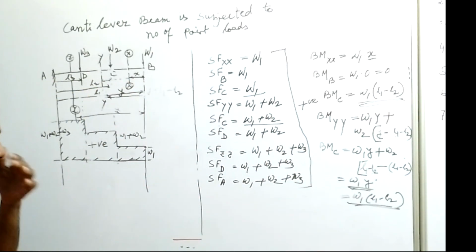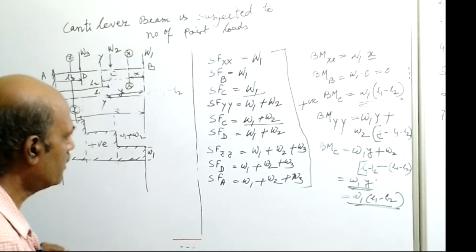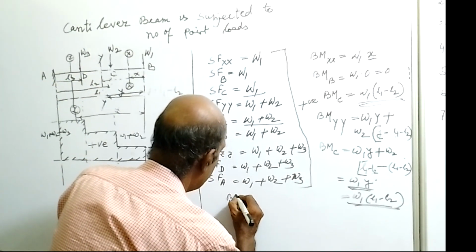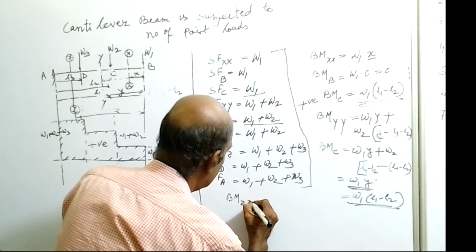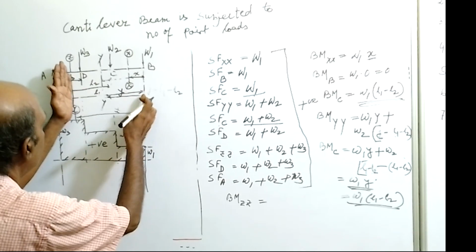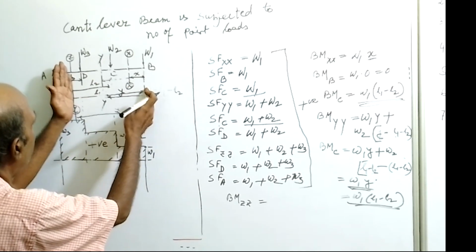Right? Now we will go for section ZZ. The bending moment at section ZZ is equal to: the ZZ section is at distance z from the free end.